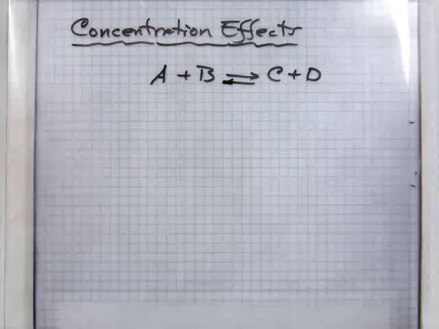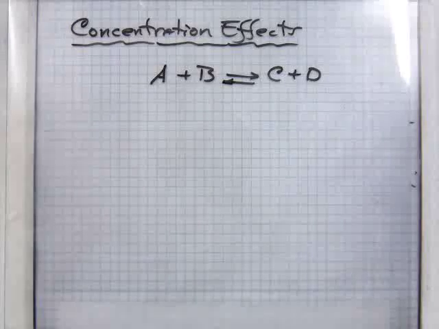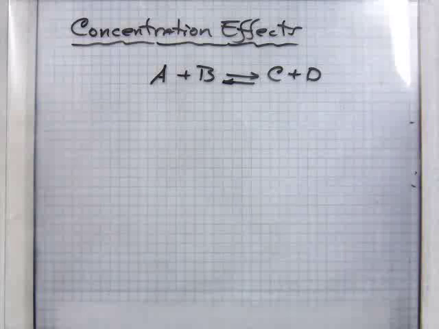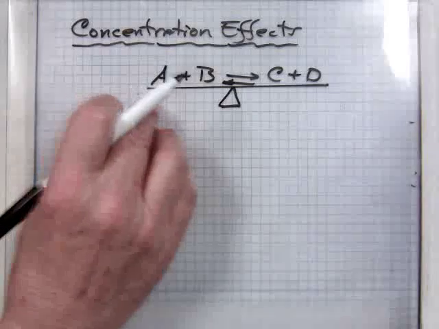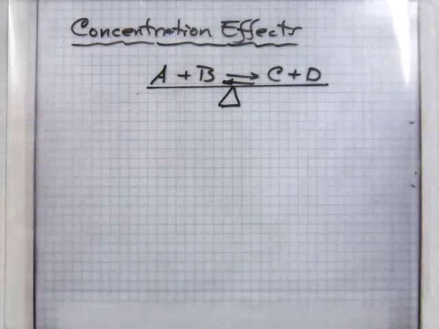Now, to determine the concentration effects, there are other ways to do this, but I'm just giving you an approach that has worked well for students over the millennium of my teaching experience. What you need to do is put the reaction on a seesaw, a hypothetical seesaw. So we use a seesaw effect like this.